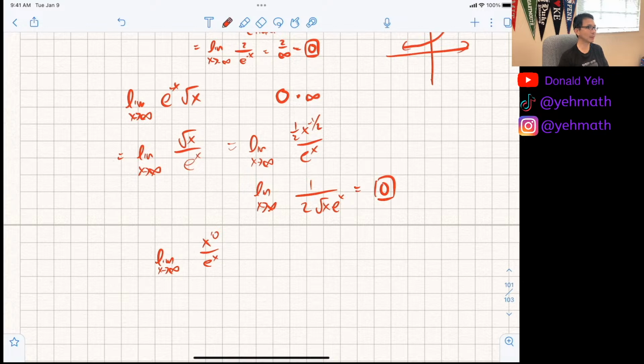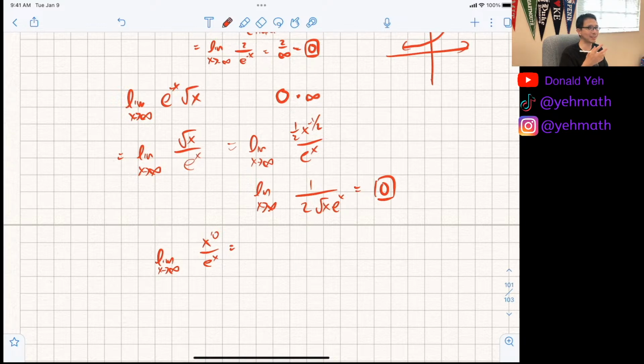Yes. Because x to the 10, if you take a derivative 10 times, it's going to a constant. Then the denominator outruns the numerator, because on the bottom it's going to go exponential.